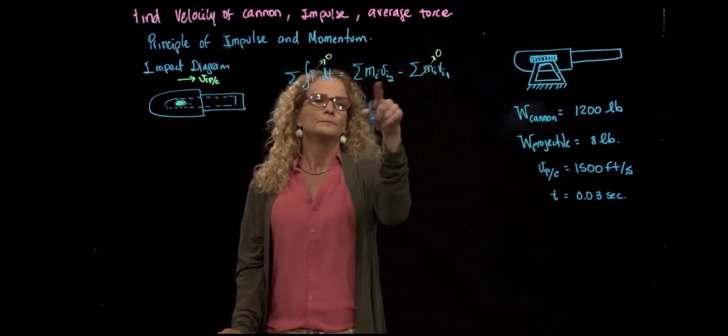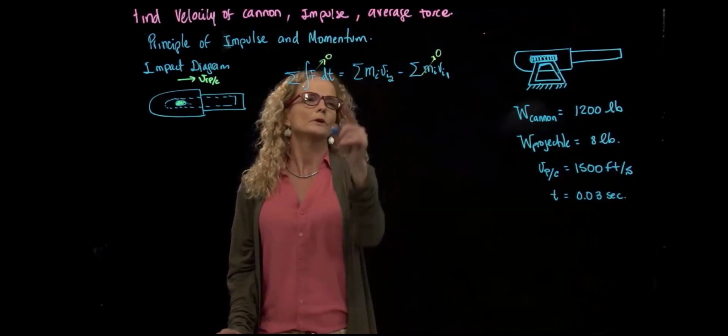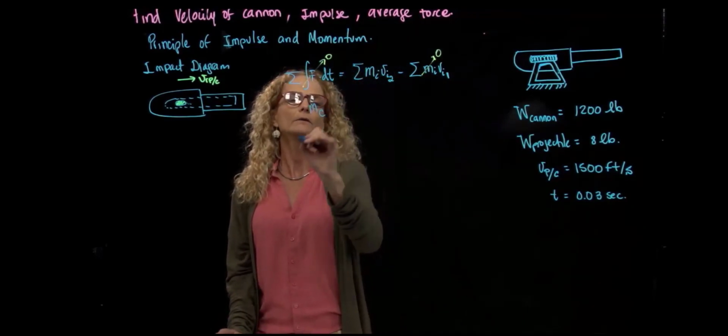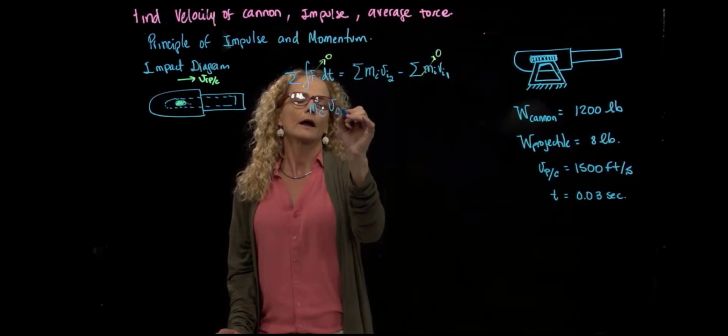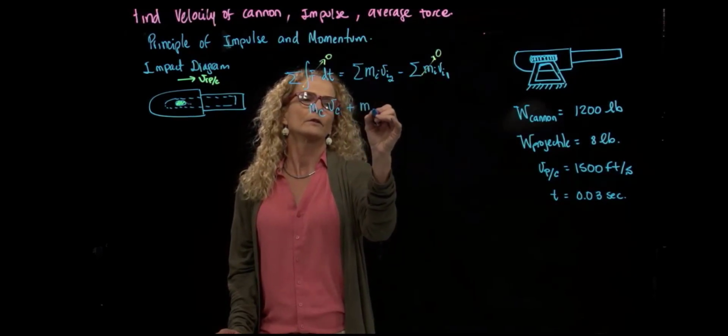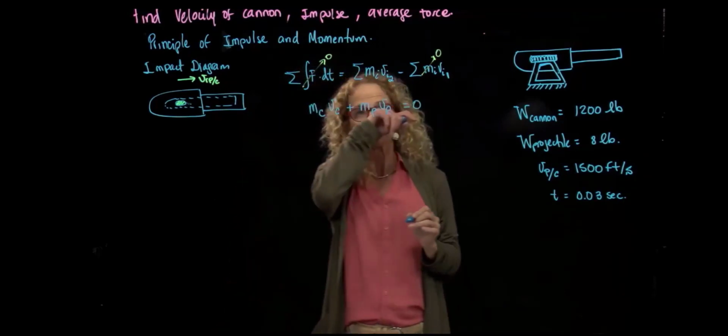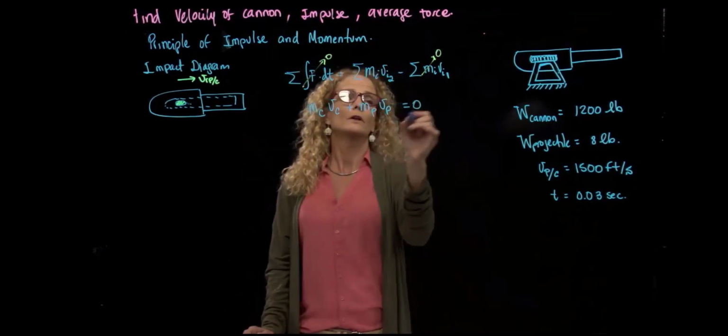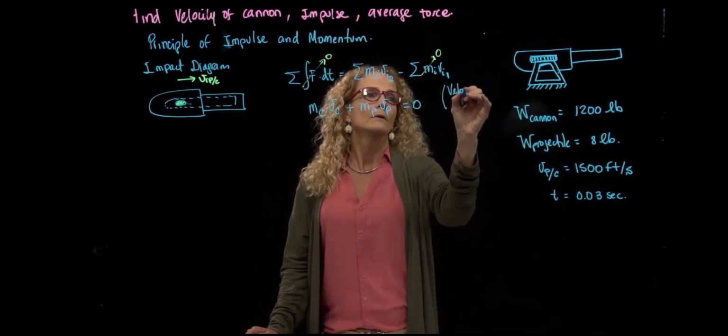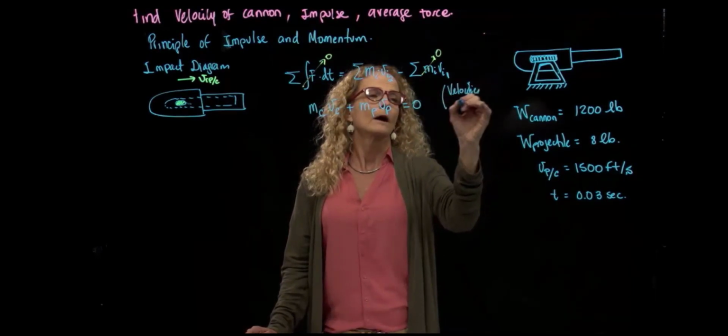So if we expand this summation, we have that the mass of the cannon times the velocity of the cannon plus the mass of the projectile times the velocity of the projectile will be equal to 0. Remember that those velocities are absolute.